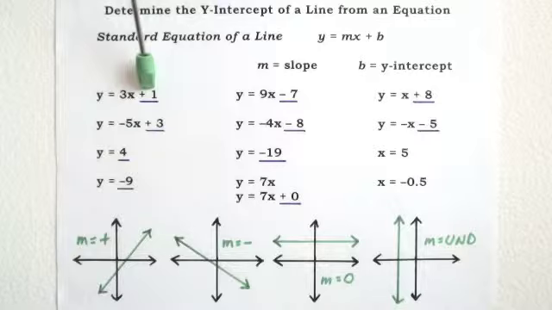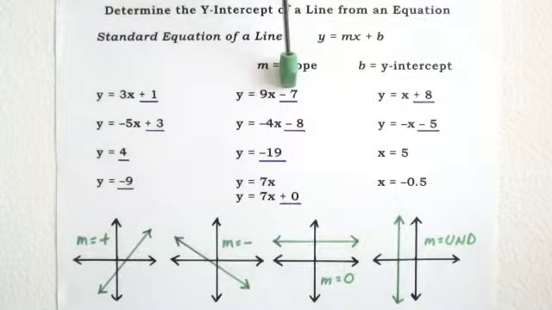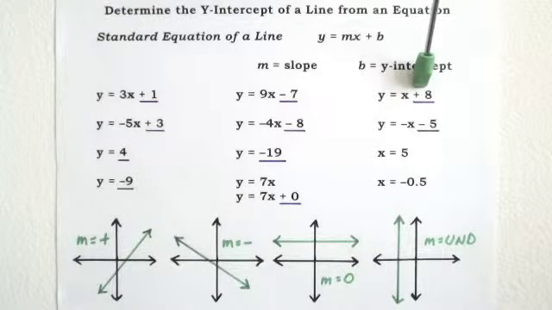This is the y-intercept. For this line, the y-intercept is -7. This is the location where the line crosses the y-axis. For this line, the y-intercept is +8. This line crosses the y-axis at +8. That is the y-intercept.